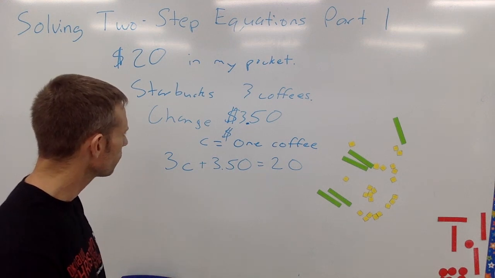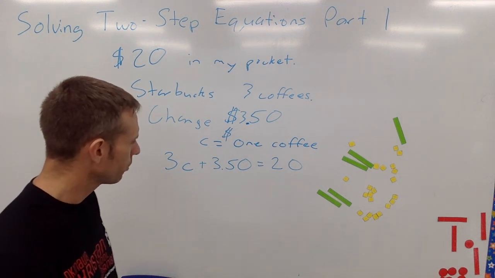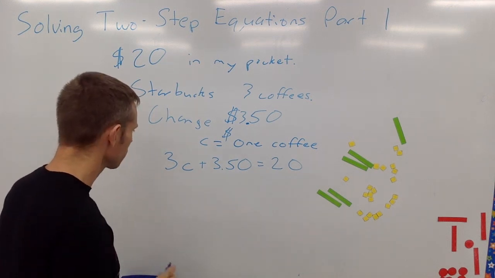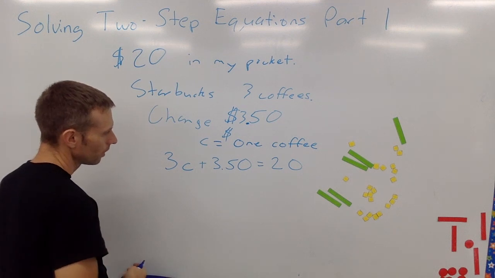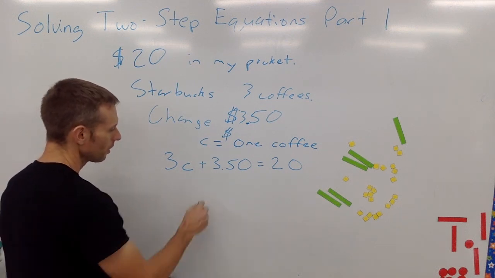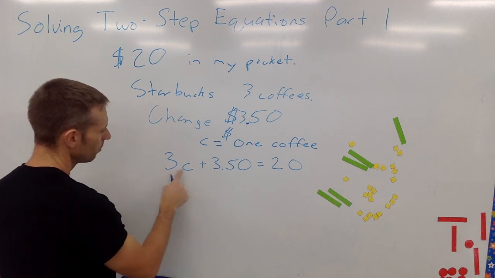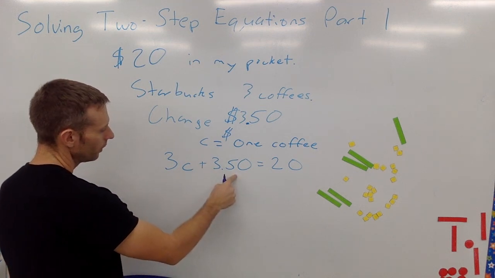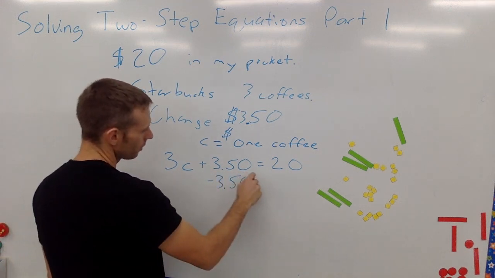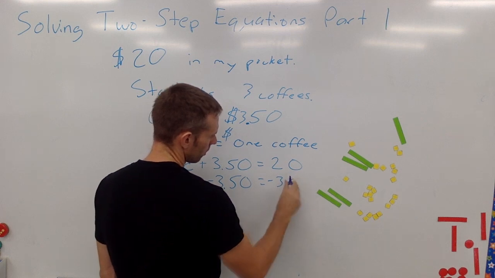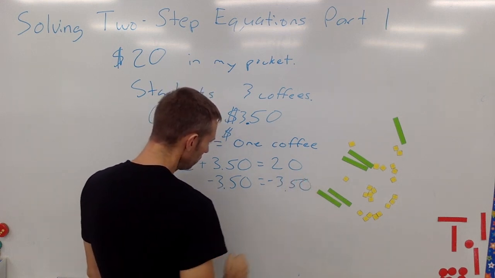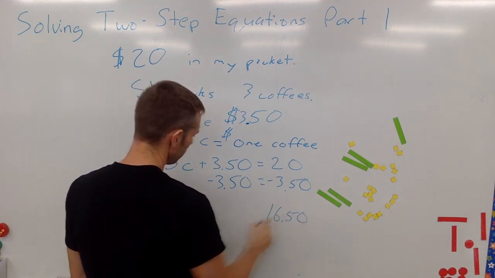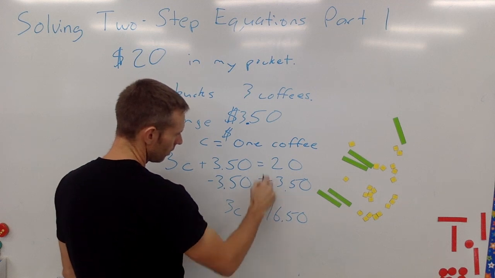Now, there's another way to write this equation. You could write $20 minus 3C equals $3.50. That's another way we could solve this. But if I follow the inverse operations, I see that C is being multiplied by 3, and then later it's being added to 3.50. So I'm going to subtract 3.50 first, going in reverse order. $20 minus $3.50 gives me $16.50, and that equals my 3C, keeping this balanced.